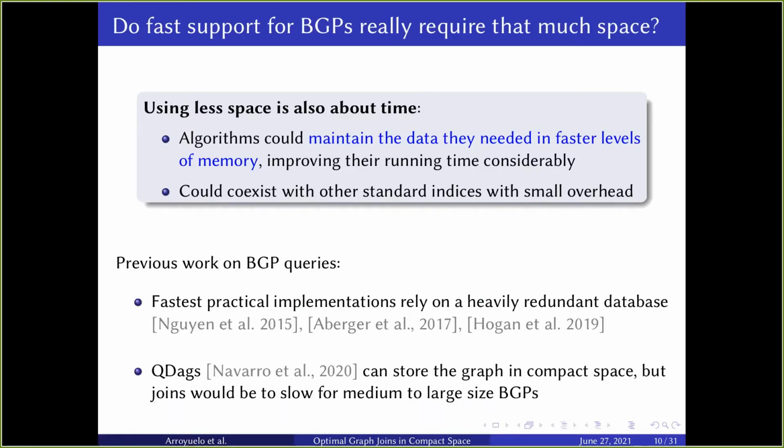There is previous work on BGP queries. For instance, there are several implementations of worst-case optimal algorithms for BGP queries. However, they rely on these indices and having this much redundant space that I just mentioned. And there is an implementation that is compact and doesn't require any extra indices on top of the data, but it would be slow for medium to large size BGPs.